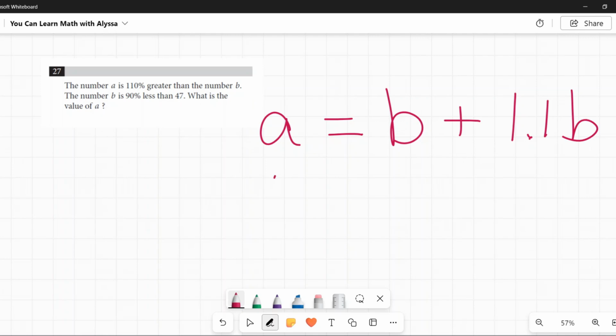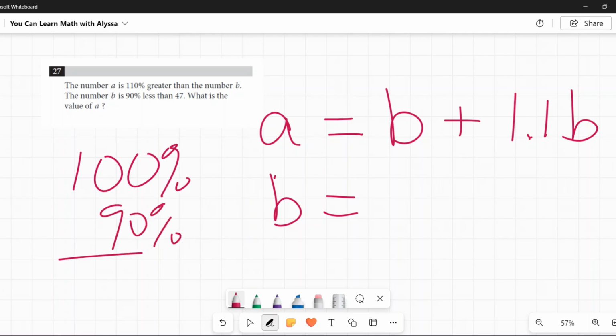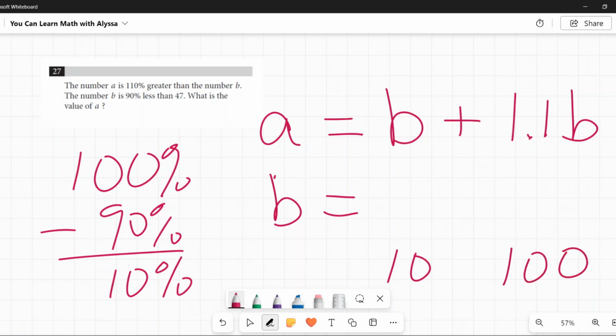Now I know B is 90% less than 47. Something that's 90% less than a number is the same as saying it is 10% of it. So, like, for example, if you said 10 is 90% less than 100, they took 90% of 100 away and you got 10.